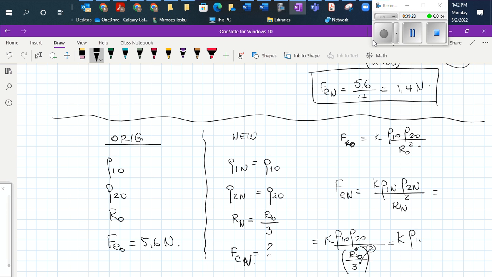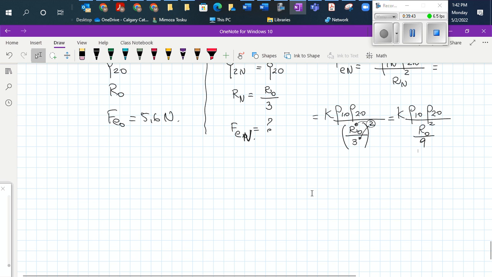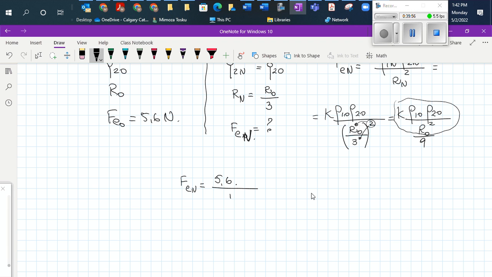So this will be K, Q1 original, Q2 original over distance to the power of 2, the whole thing over 9, because 3 to the power of 2 is equal to 9. So see now, what do we have? We have this that is equal to 5.6. So the new electrostatic force is 5.6 over 1/9.